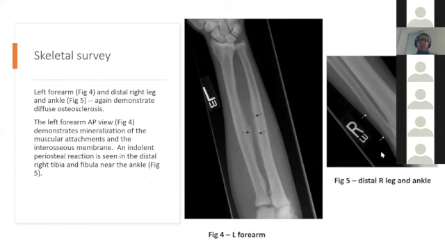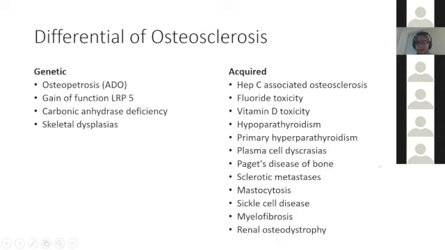The differential of osteosclerosis is quite broad, and I've divided some of the causes into genetic and acquired. Among the genetic causes are osteopetrosis, autosomal dominant gain of function LRP5 mutation, carbonic anhydrase deficiency, and a group of disorders known as skeletal dysplasias.